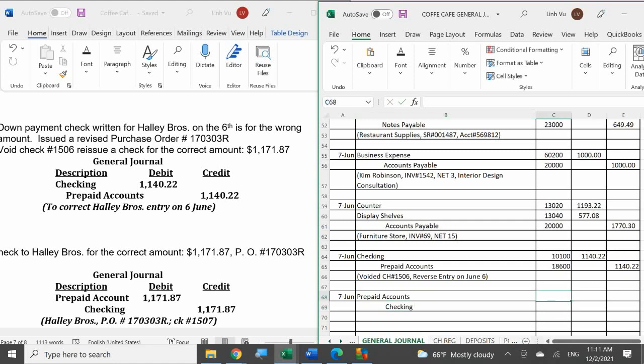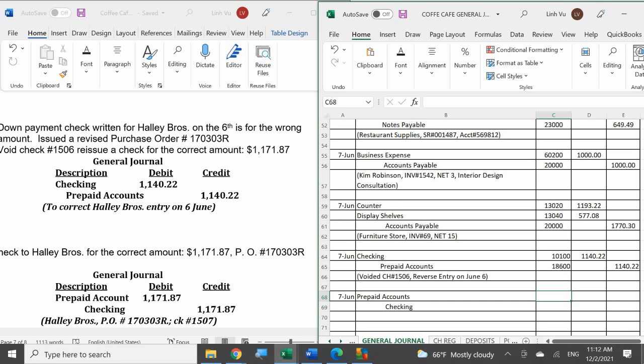Okay? So again, this is to correct the entry. I did the reverse and then now I'm doing the re-entry, right? Because I voided the check. Therefore, I have to reverse the transaction because this check doesn't exist anymore. So if that check doesn't exist, that means I have to undo the transaction.